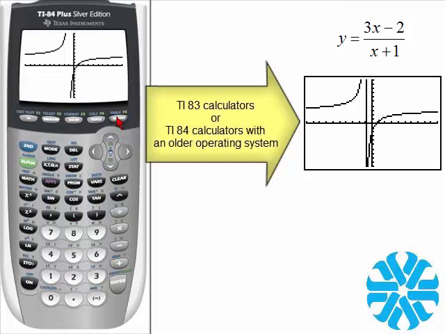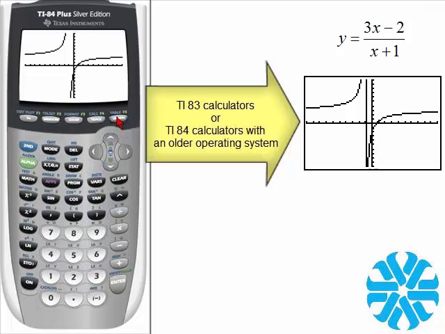And in the first example, I explained in detail how to get your calculator updated to the newer operating system if you have a TI-84 series calculator, and that will allow you to get rid of that viewing of the vertical asymptotes. Or if you have a TI-83 calculator, remember you needed to graph this in dot mode.